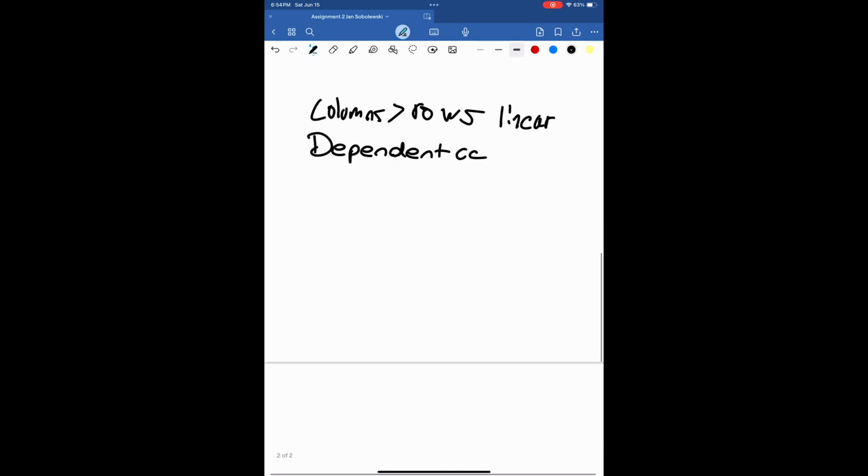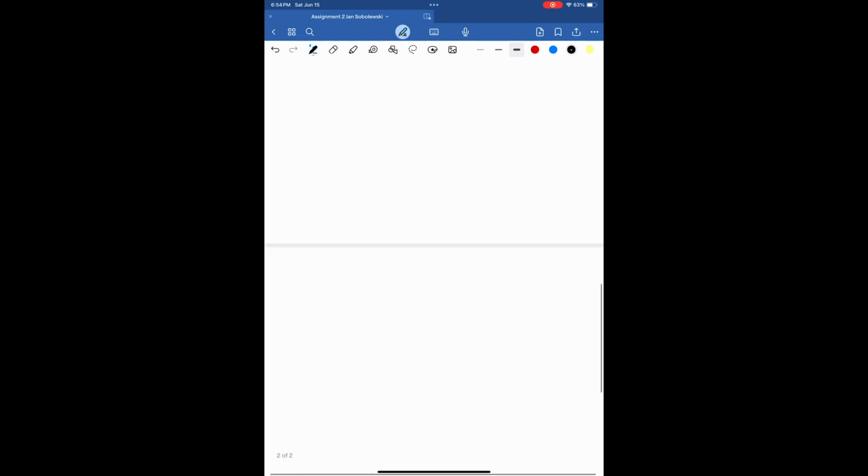So first things first, we want to start by getting our equations together into a system real quick. So we're given w1 equals u1 plus u2, w2, and so on.